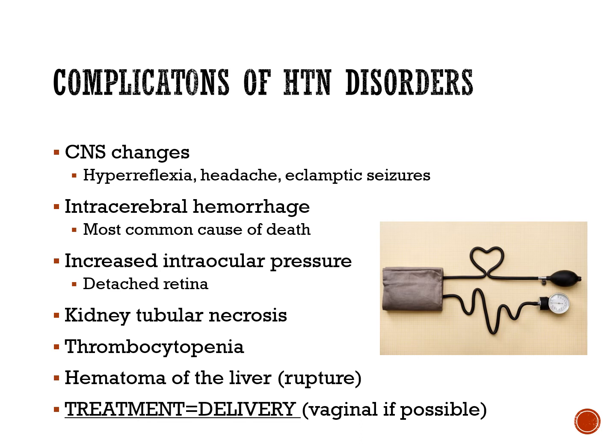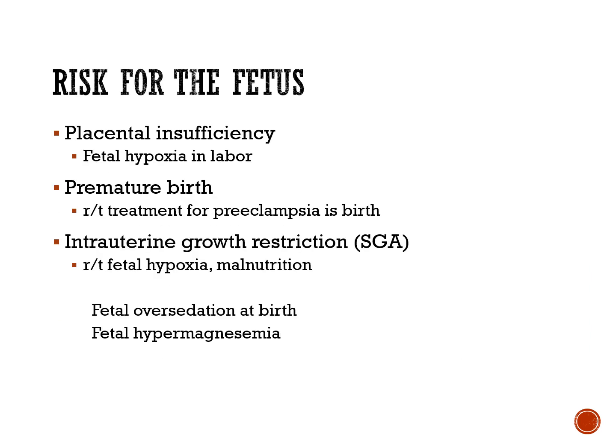Increased intraocular pressure, that's when those women complain about the headache right there above the eyes. It can cause a detached retina. You can have kidney tubular necrosis, thrombocytopenia, hematoma of the liver, or even rupture. The only treatment for most of the hypertensive disorders is delivery, and ideally you want to do vaginal if possible.